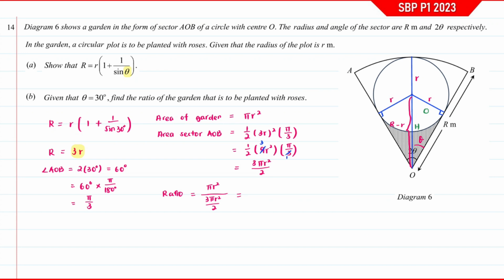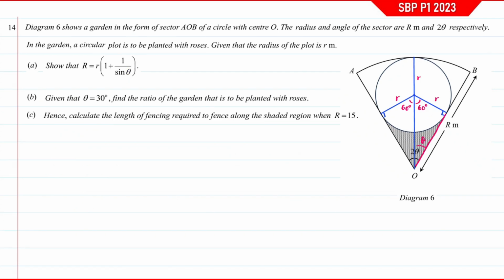So this is also equal to pi r squared times 2 over 3 pi r squared. So here we can cancel, simplify the pi r squared. So the ratio of the area of the gardens to the area of the sector AOB will be 2 over 3.